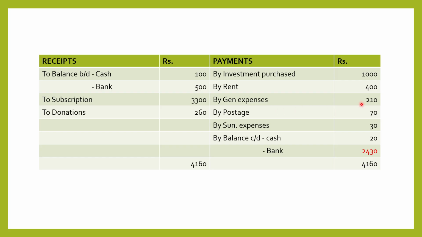So general expenses is 210, postage 70, sundry expenses 30, balance of cash is given as 20 rupees. So after tallying this, you will be getting the answer, that is your closing bank balance. That comes to about 2,430. Okay.